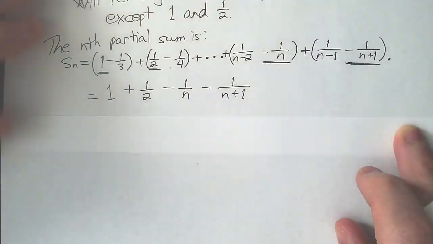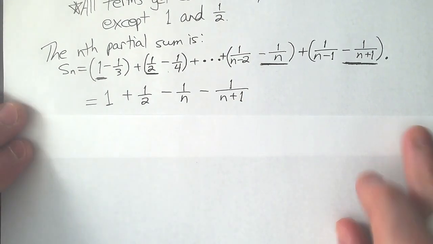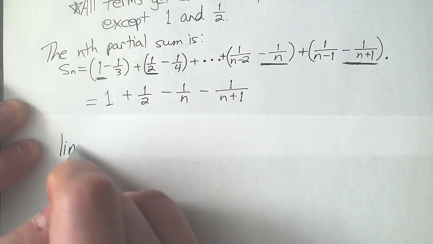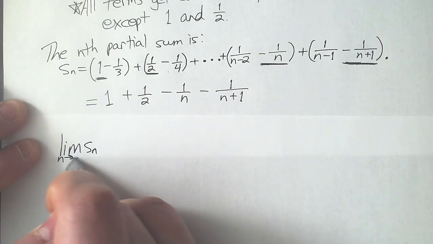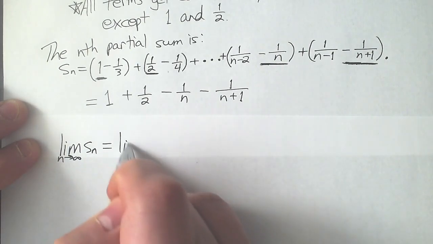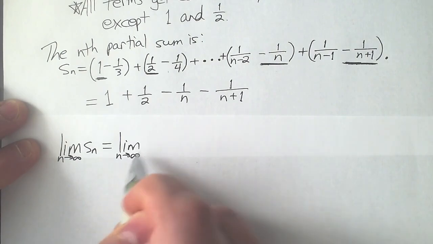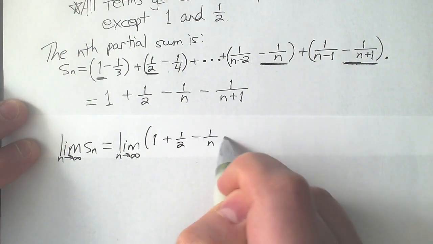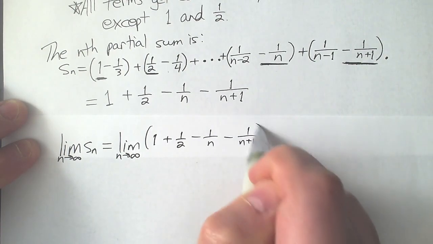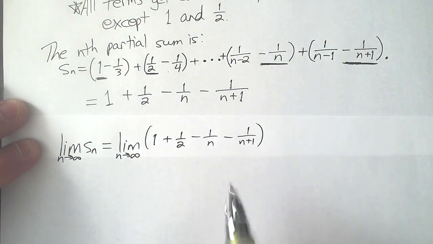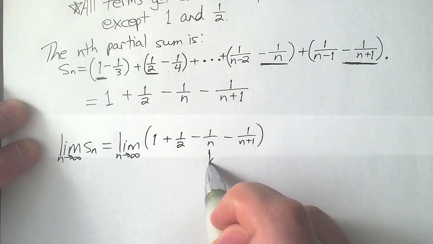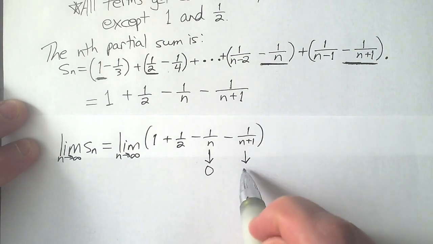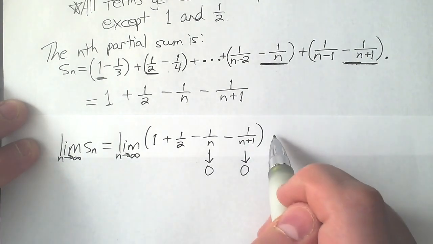You know that with series, technically, we should be looking at the limit of the partial sums, the limit of Sn. In this expression, as n goes to infinity, this piece goes to 0, and this piece goes to 0.